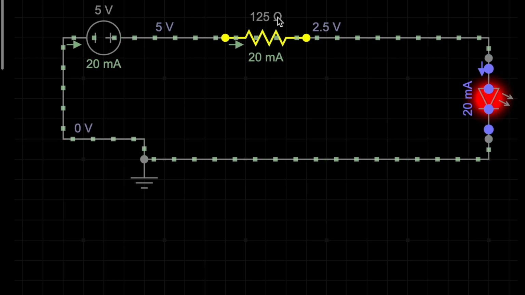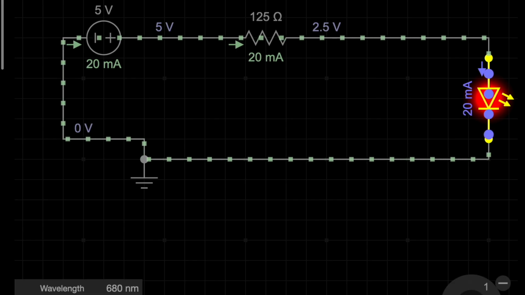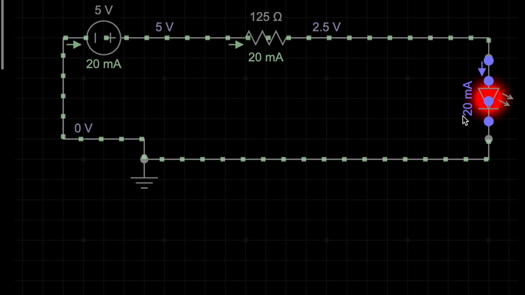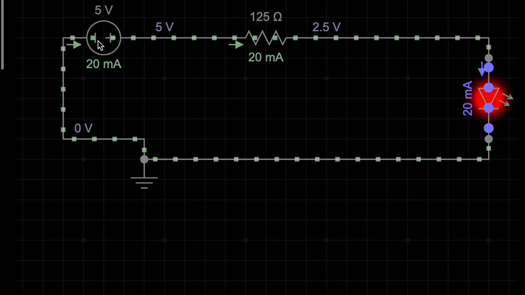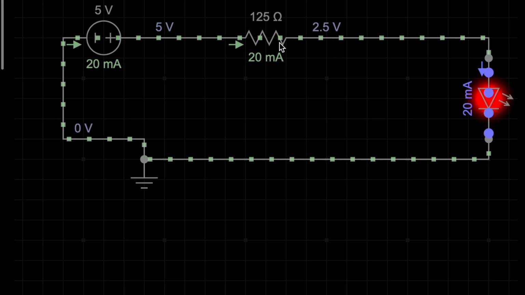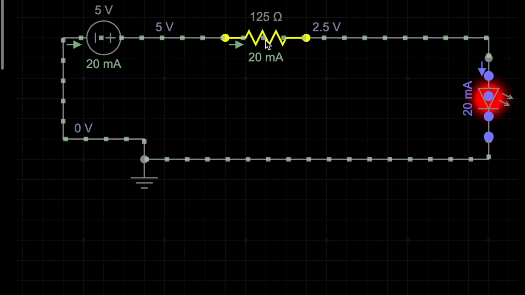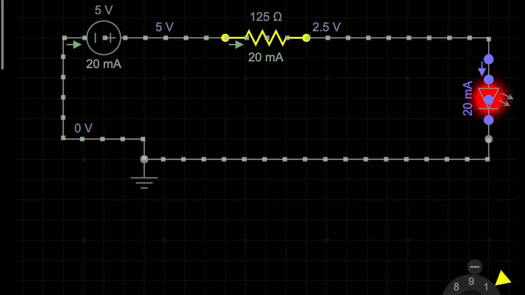I put together a circuit simulation to better illustrate what we just learned. As you can see, I have here a 125 ohms resistor. My LED is using exactly 20 milliamps of current when the circuit is supplied 5 volts. When I change values for the resistor, you can see that the current is inversely affected.